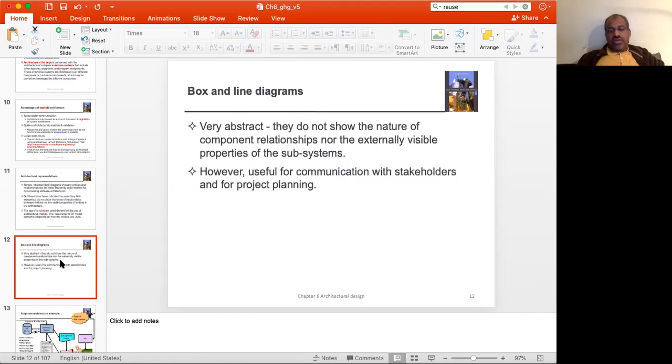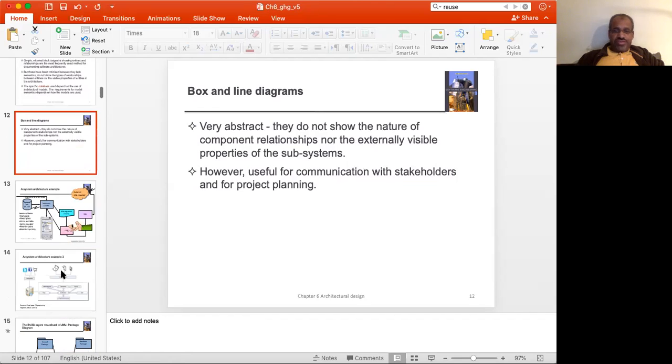However, even if it's informal and not terribly tight semantically in terms of its meanings, using just simple box and line diagrams is still very useful in communicating with stakeholders and for project planning. We're not going to generate systems from them yet, unless, of course, you remember the bit I mentioned last time about executable UML, but that's again down the line.